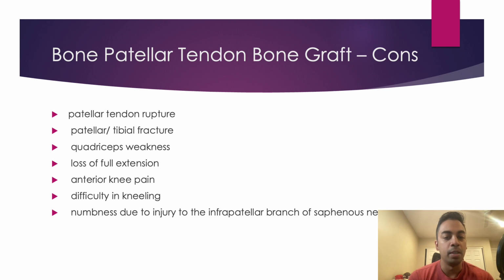The most common issue that people have with harvest-related morbidity is anterior knee pain and difficulty with kneeling. There are a lot of modern tools and techniques that I utilize to help limit the incidence of anterior knee pain and pain with kneeling. However, that risk still exists with this graft.